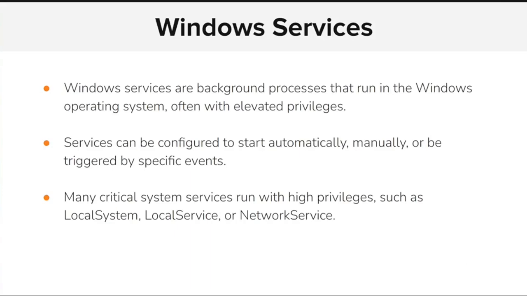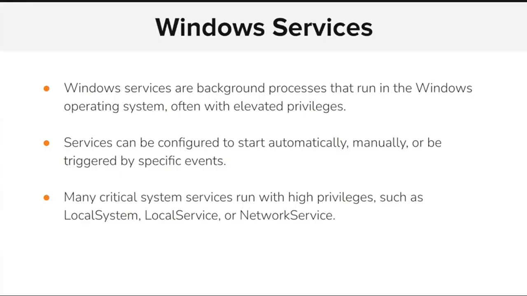Many critical system services related to the functionality of the Windows operating system, and also certain programs, run with high privileges, such as local system, local service, or network service. So they are tied to service accounts, which are typically local system, local service, or network service.